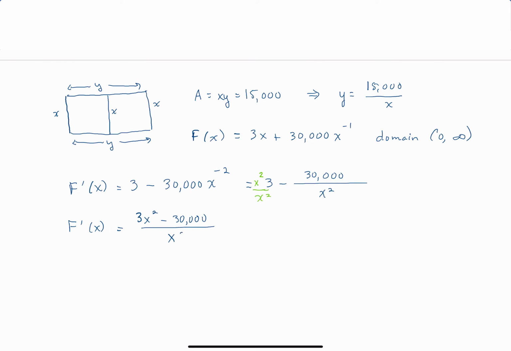And I can factor a 3 out on top, so that gives me x squared minus 10,000 over x squared. And notice that 10,000 is the same thing as 100 squared.